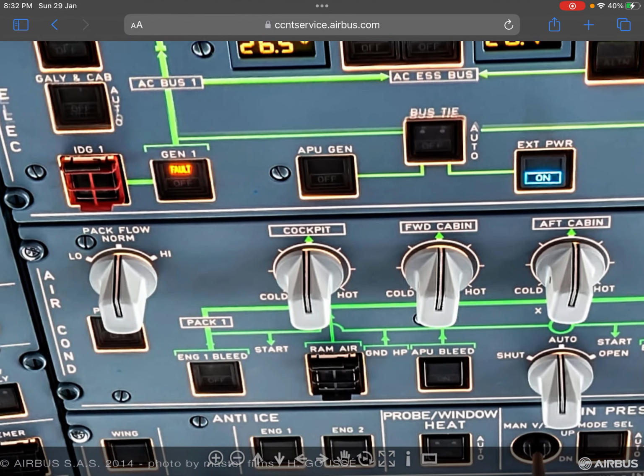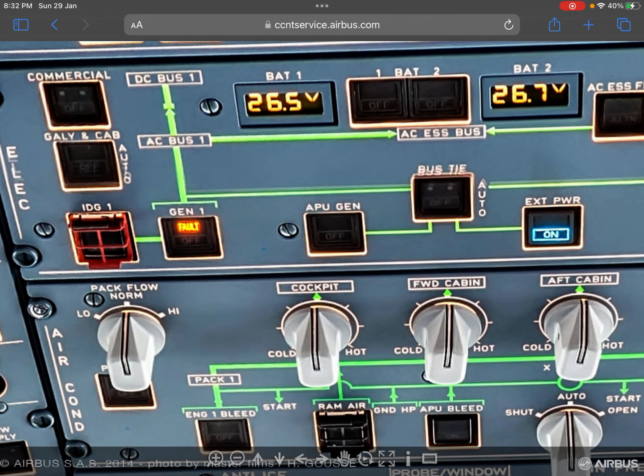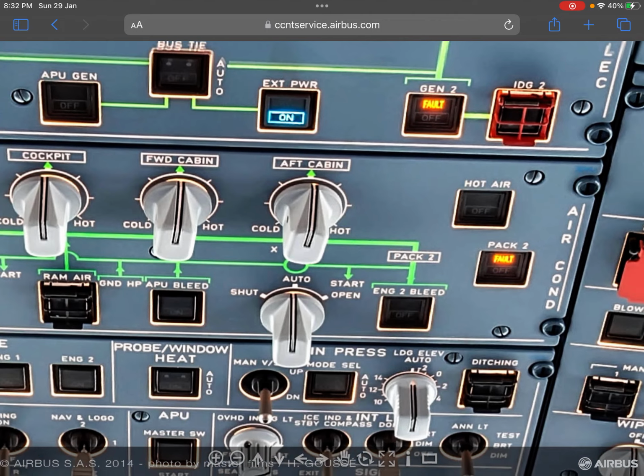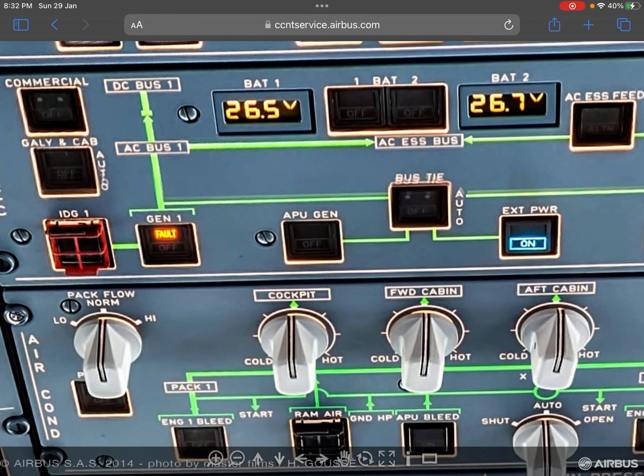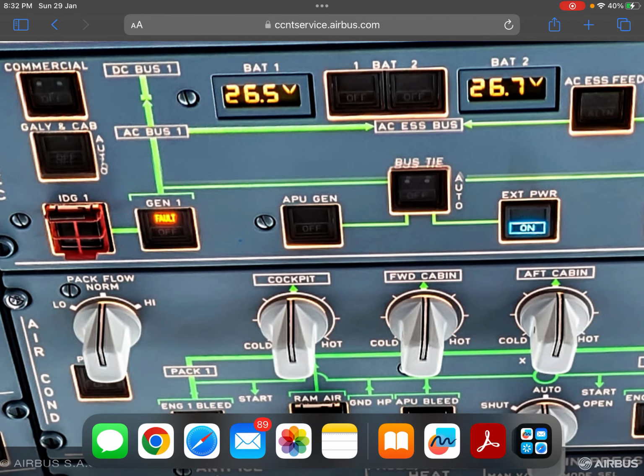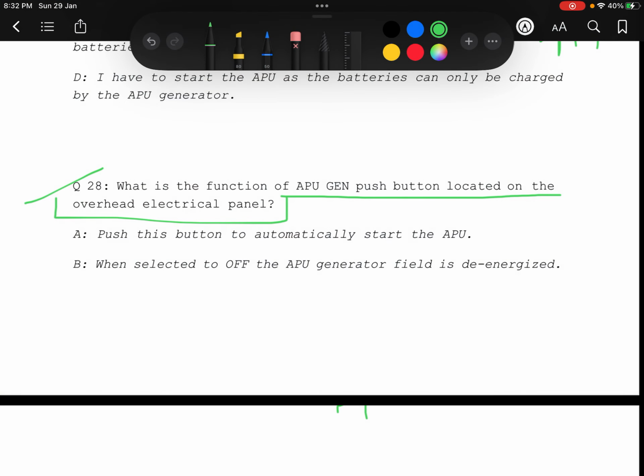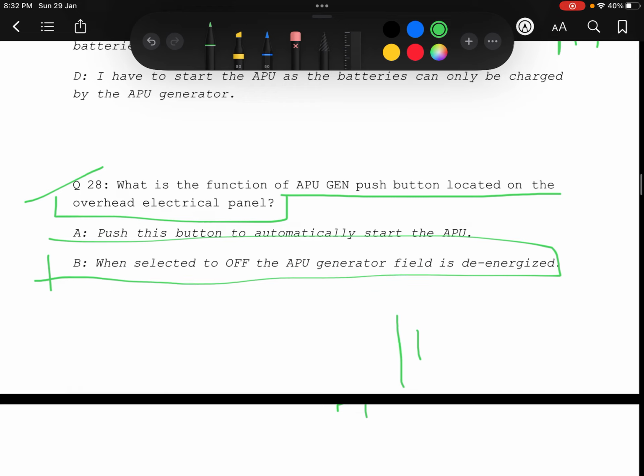This APU generator push button in the upper left corner of your screen, right? Now you will be able to figure out which APU generator they are talking about. It will de-energize the APU generator field. Again you can check controls and indicators, right?